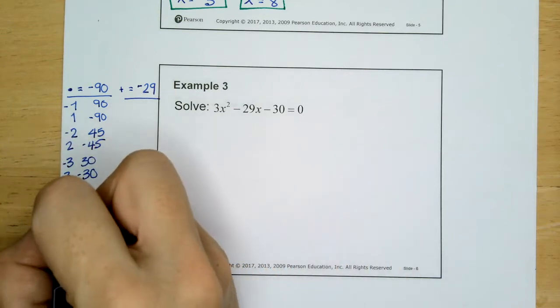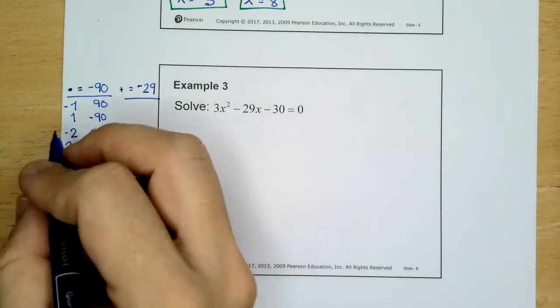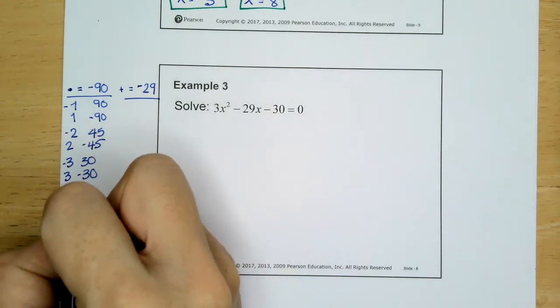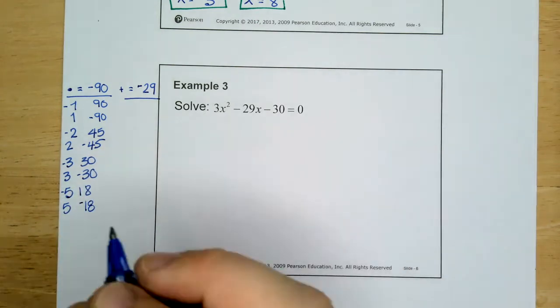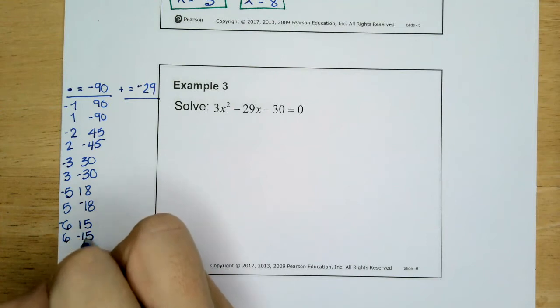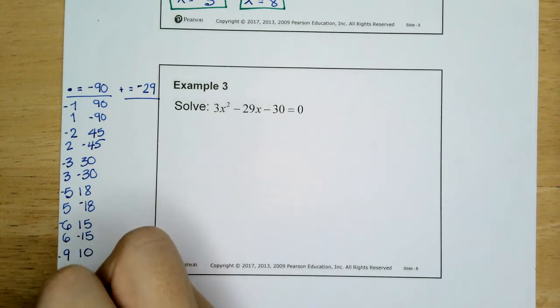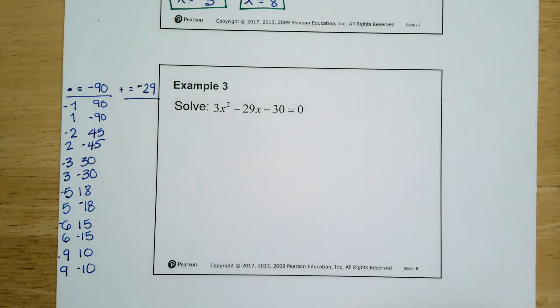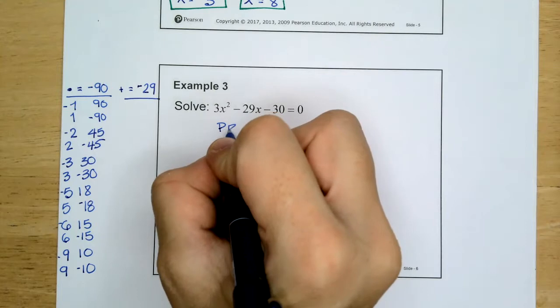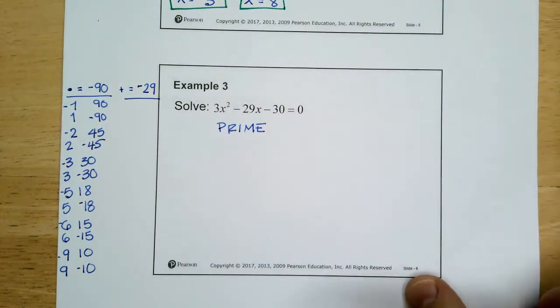We have 5 and 18. And we have 6 and 15. And we have 9 and 10. But I don't think any of those add to -29. So we just have to call this prime.